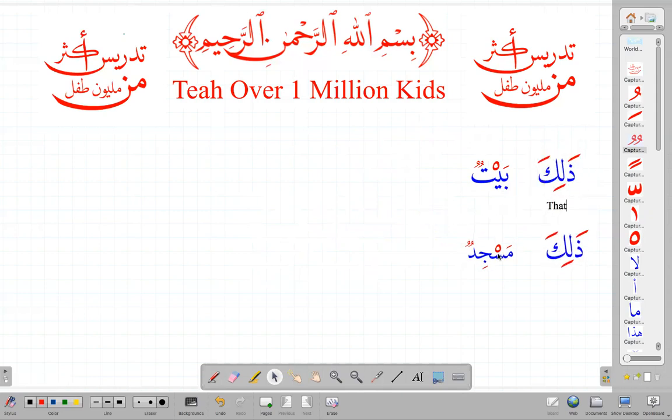That is a house. That is a masjid. Just to remind you the rules that we have.